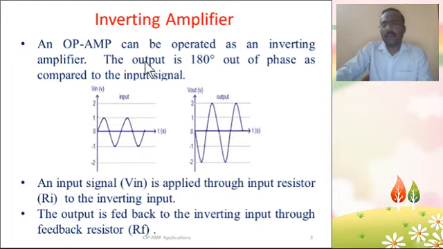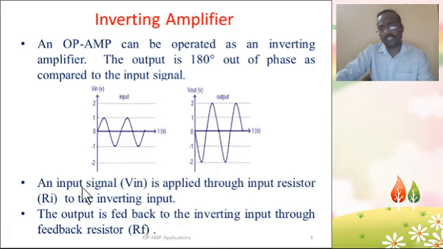An op-amp can be operated as an inverting amplifier. The output is 180 degree out of phase as compared to the input signal. An input signal Vin is applied through input resistor Ri to the inverting input.